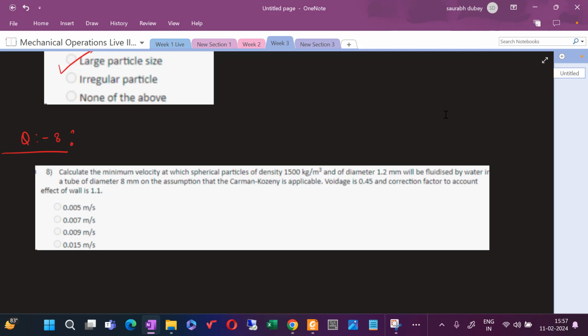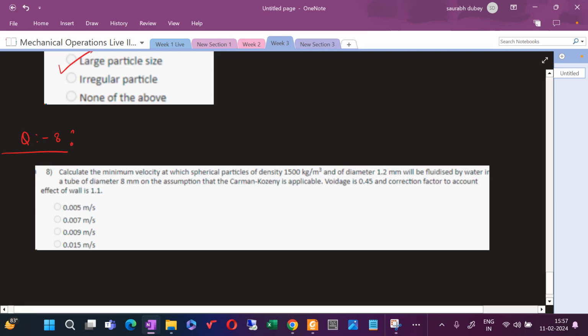Assume the situation is laminar, so Carman-Kozeny is applicable, and the voidage is 0.45. Also, the correction factor to account for the effect of the wall is 1.1. So Fw is also given. Just try to solve this question, and meanwhile I will tell you the solution.